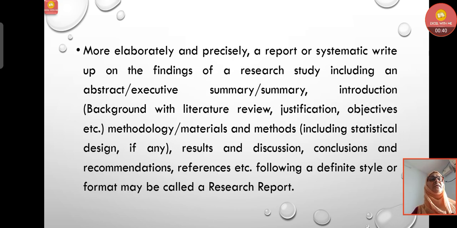More elaborately, a report is a systematic write-up on the findings of a research study, including an abstract or executive summary, introduction, that is background with literature review, justification and objectives, then methodology or materials and methods, including statistical design if any, then results and discussion, conclusion and recommendations, references, etc., following a definite style or format, may be called a research report. You can take this as the meaning or definition of a research report in detail.